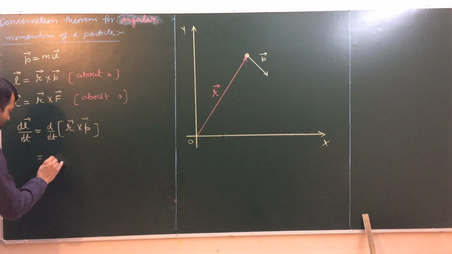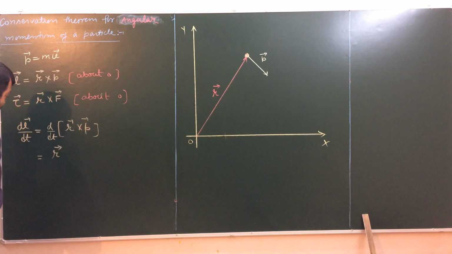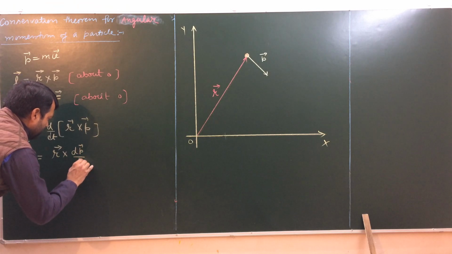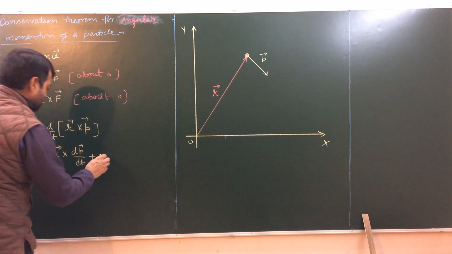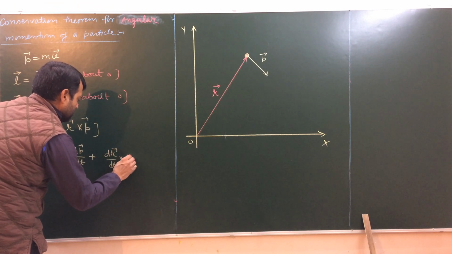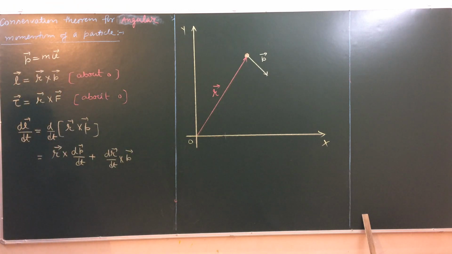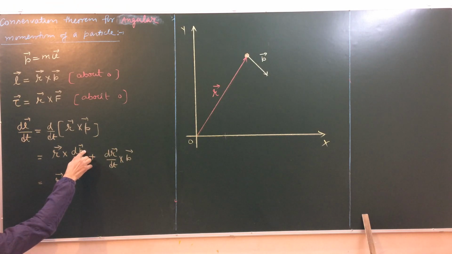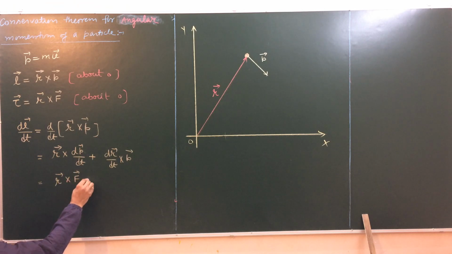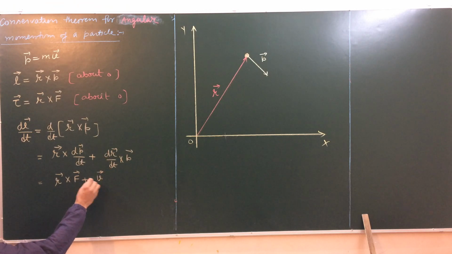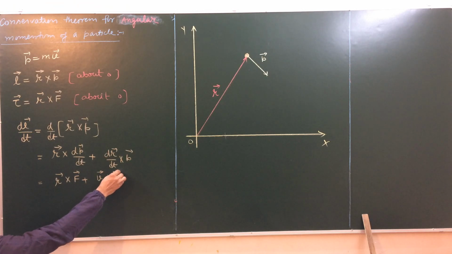I will say the first function r as it is cross the differentiation of p with respect to time, plus the differentiation of the first function crossed with the second function. It comes out to be r cross the force, since the rate of change of linear momentum is force, plus this is my velocity, the rate of change of displacement, v cross the linear momentum.